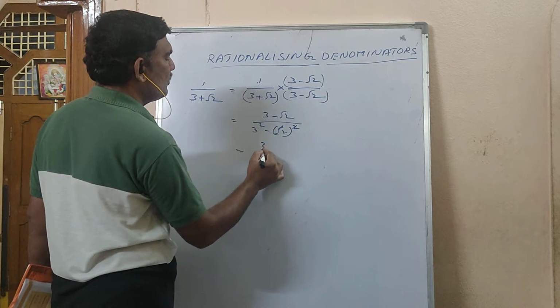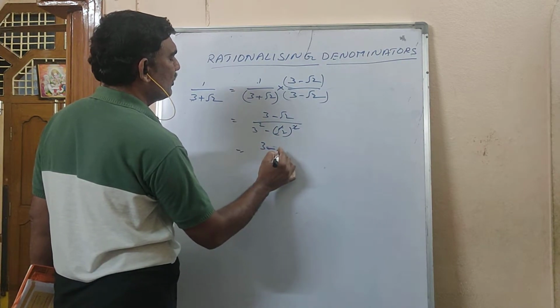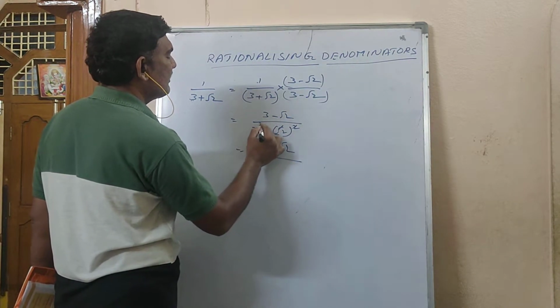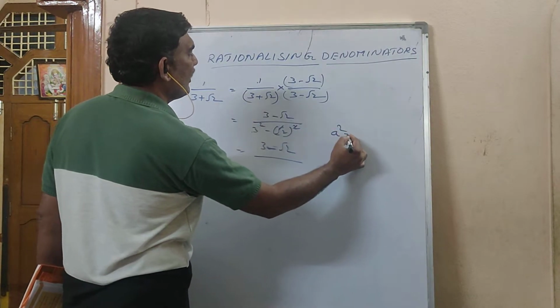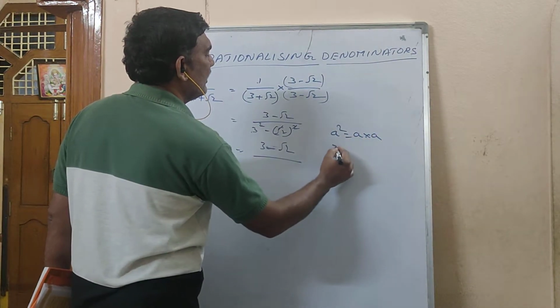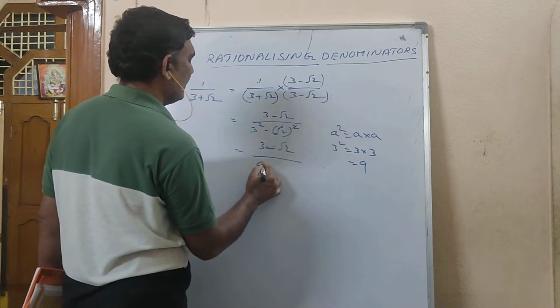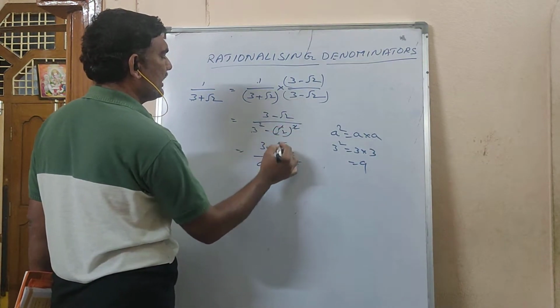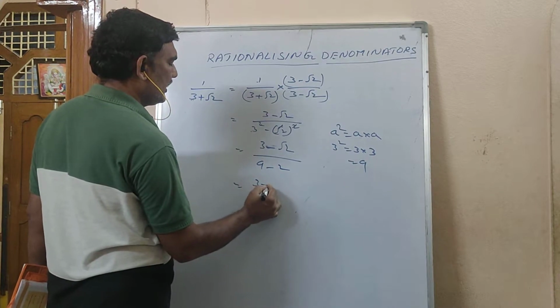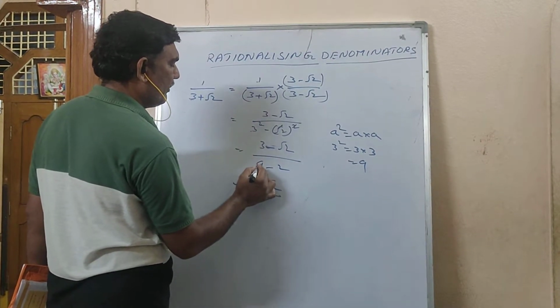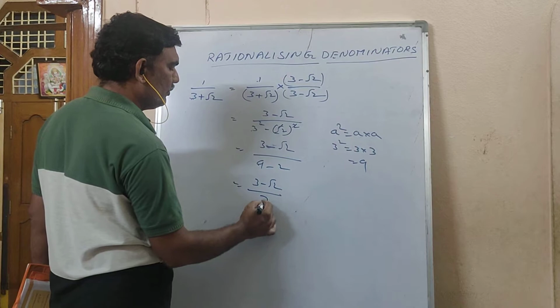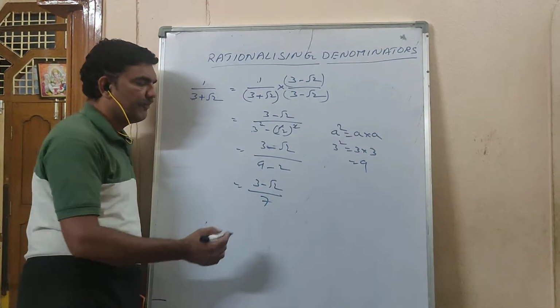So 3 minus root 2 as it is, you can't simplify. 3 square: the square formula is a into a, so 3 into 3, how much? 9. 9 minus the square and square root cancel, 2. So 3 minus root 2 by, from 9, if you subtract 2, you get 7.